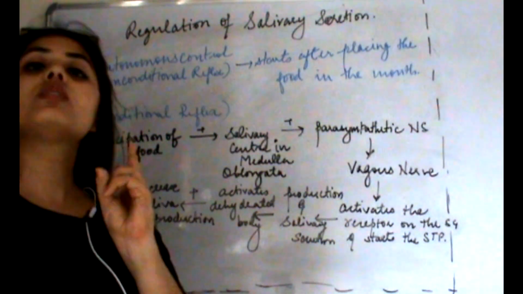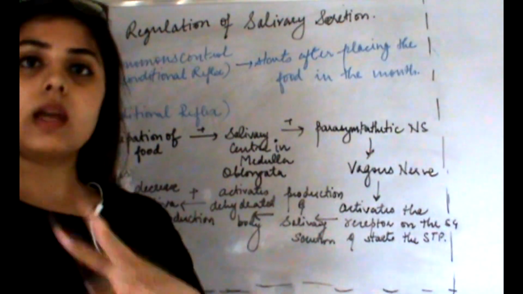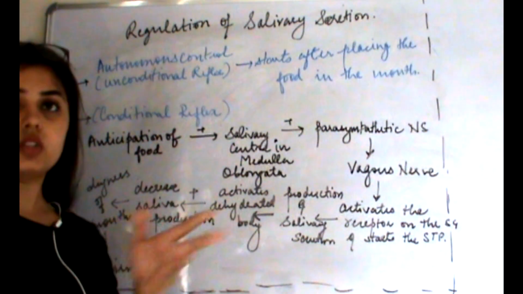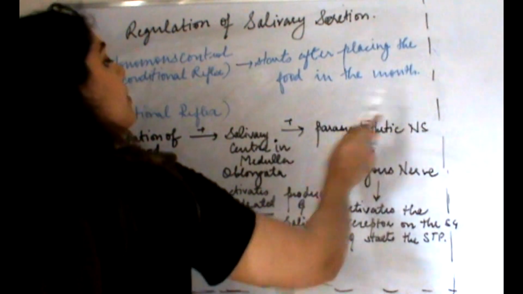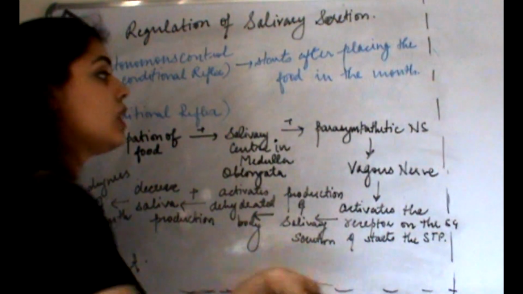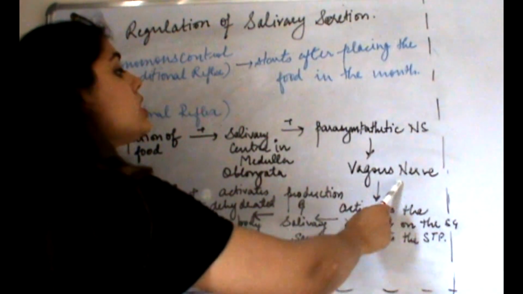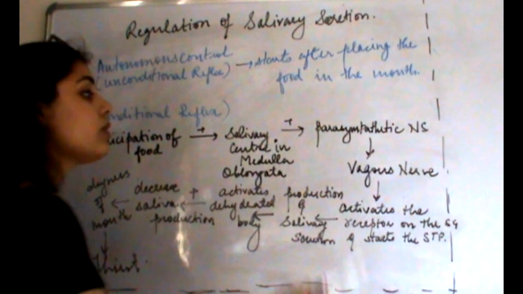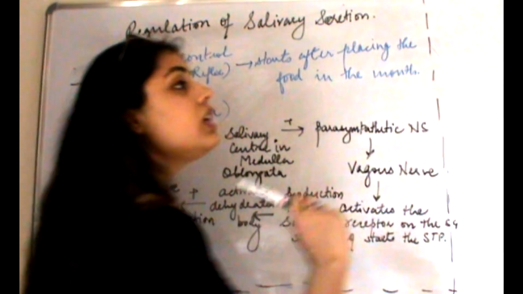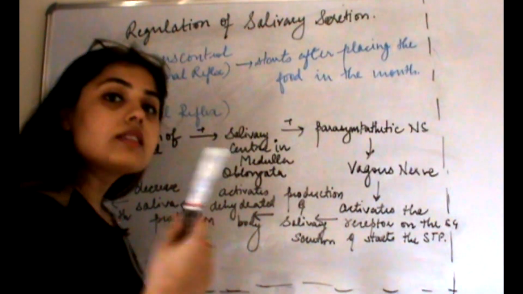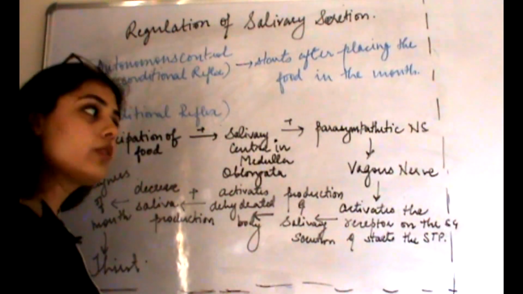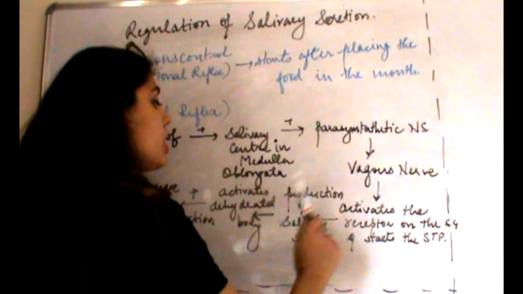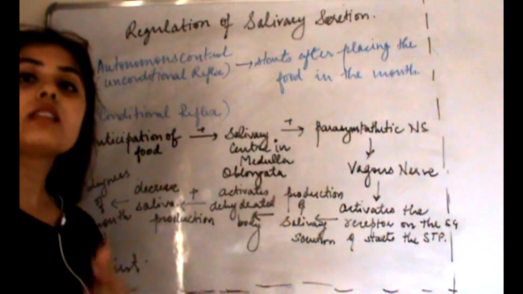There are two nervous systems: the parasympathetic nervous system and the sympathetic nervous system. First it activates the parasympathetic nervous system, and after that the vagus nerve, which in turn activates the receptors on the salivary glands and starts the signal transduction pathway. So now saliva starts secreting.